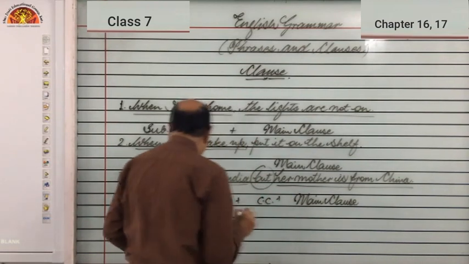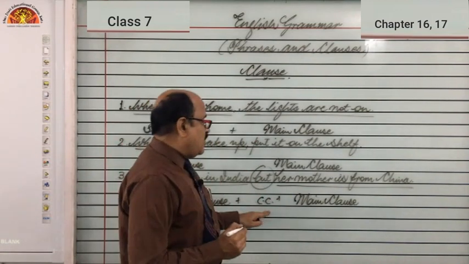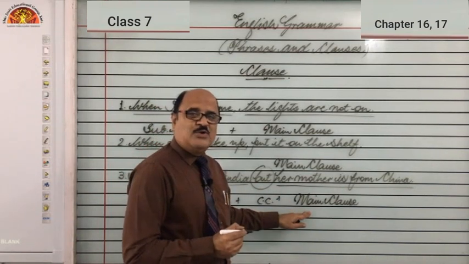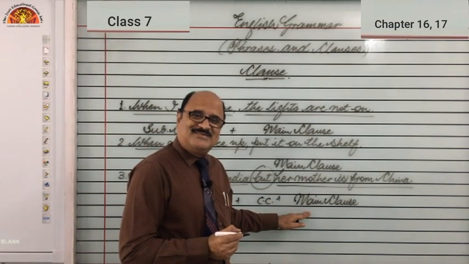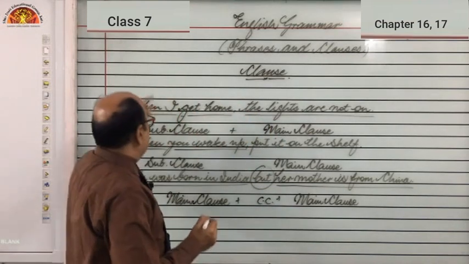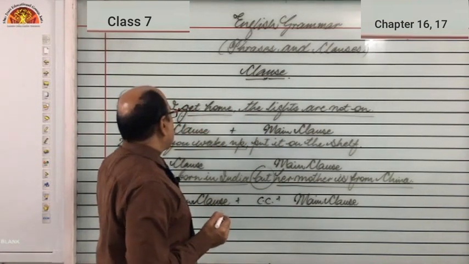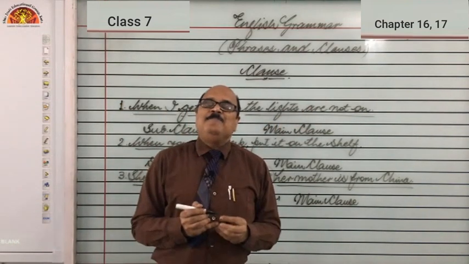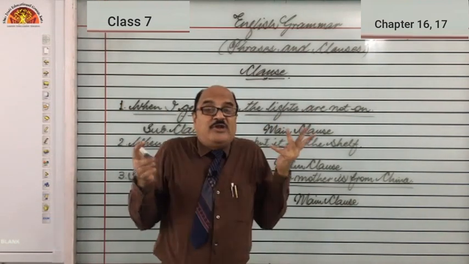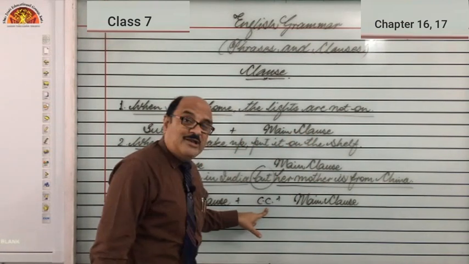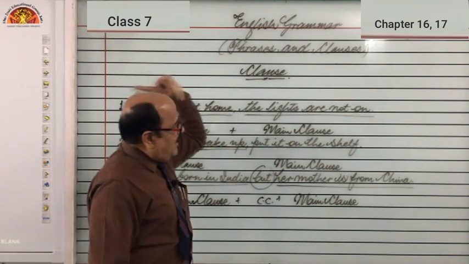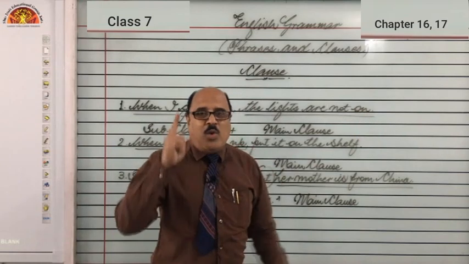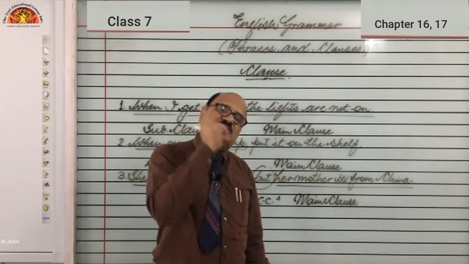So what is the formula, students? Main clause plus coordinating conjunction plus main clause is equal to a compound sentence. But whenever a sentence has one subordinate clause and one main clause, and the conjunction is a subordinating conjunction, in a complex sentence, one is main clause, one is subordinate clause.